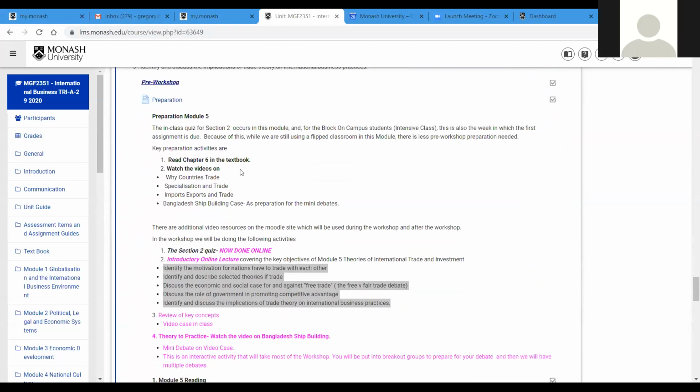To prepare, you need to read Chapter 6 of the textbook and watch the video on why countries trade, why organisations trade with each other. There's why countries trade, specialisation in trade, imports, exports and trade, and the Bangladesh shipbuilding case. The Bangladesh shipbuilding case is what we're going to be using for our interactive debates in Friday's workshop.